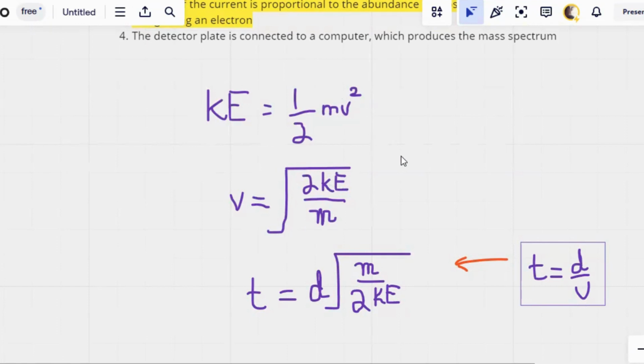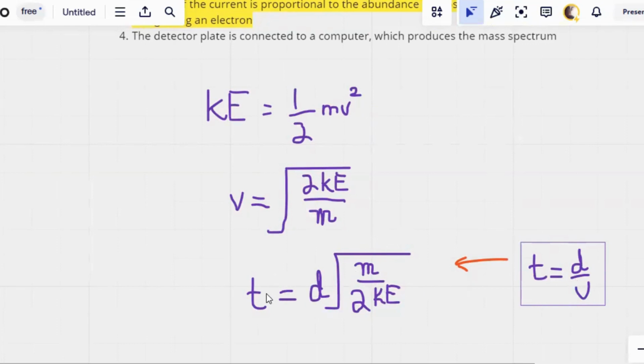I can also write the expression this way: t equals d times the square root of m over 2KE. How is this so? Because I know that t is equal to d over v. So I put the value of d here and the value of v here. What is t here?